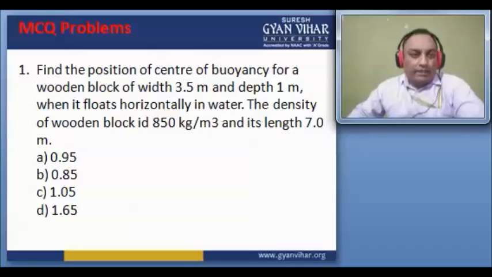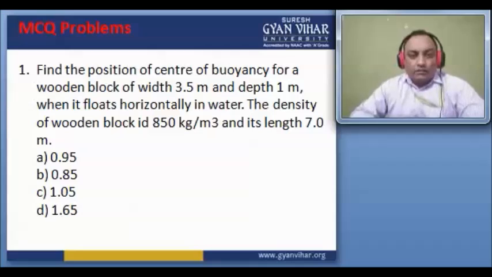Then move to the next section. This is the MCQ section, and this is question number 1. Find the position of the center of buoyancy for a wooden block, 3.5 meter wide, and depth is 1 meter, when it floats horizontally in water.